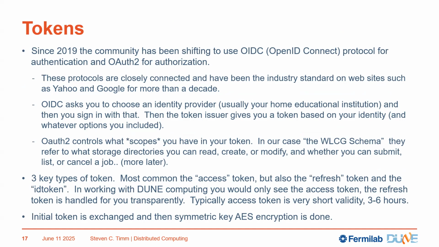OIDC asks you to choose an identity provider. So Fermilab has an identity provider. Rice also has one, I think, anyway, I'm going to check. CERN has one, and all these places have identity providers whereby if you sign in with your normal login, it'll say, okay, this is one of ours. I noticed that there's something called the eduroam network available here. I don't know how many took advantage of it, but eduroam doesn't have a total list of everybody who can use eduroam.